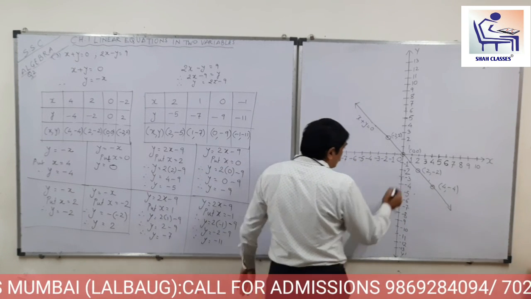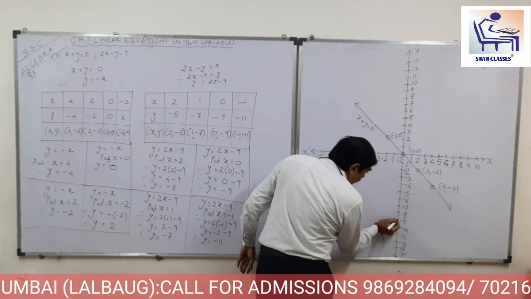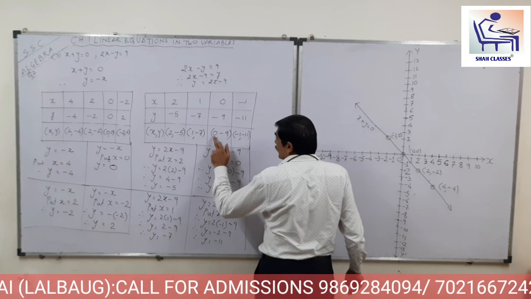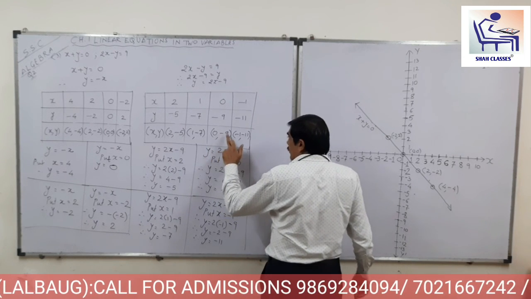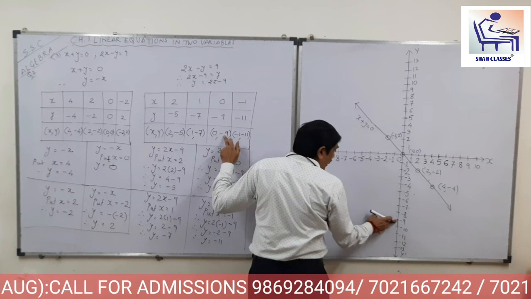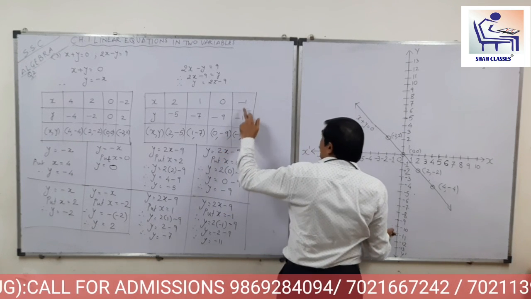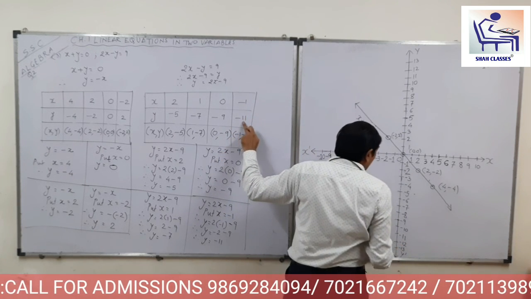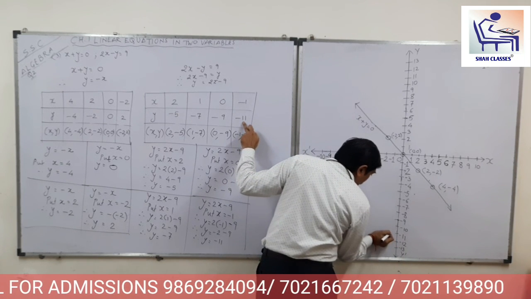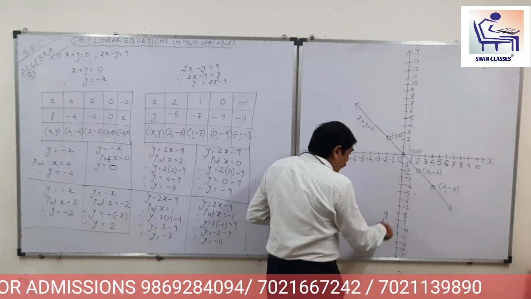Third point is 0 minus 9. Please remember, whenever you get the x coordinate 0, the point lies on the y-axis. So here you are getting it on the y-axis. Now minus 1 minus 11. Here we got the fourth point.